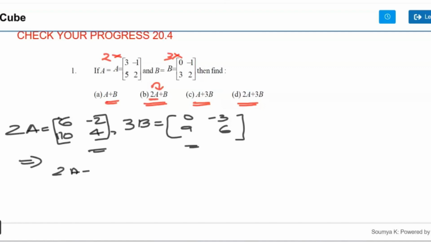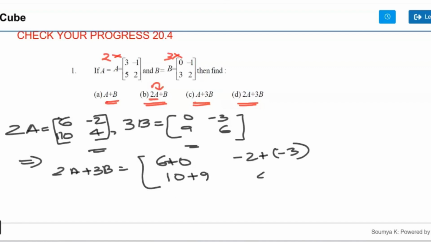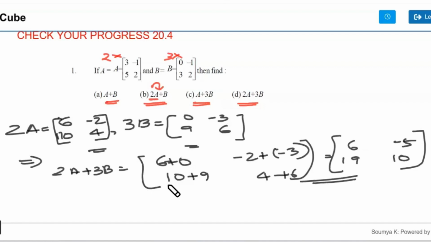Okay, 2A plus 3B. Now we can find out. Add both of them. So 6 plus 0. This one is minus 2 plus of minus 3. This will be 10 plus 9, 4 plus 6. Let's write the values here. 6, 19, minus 5, 10. So these are the solutions.